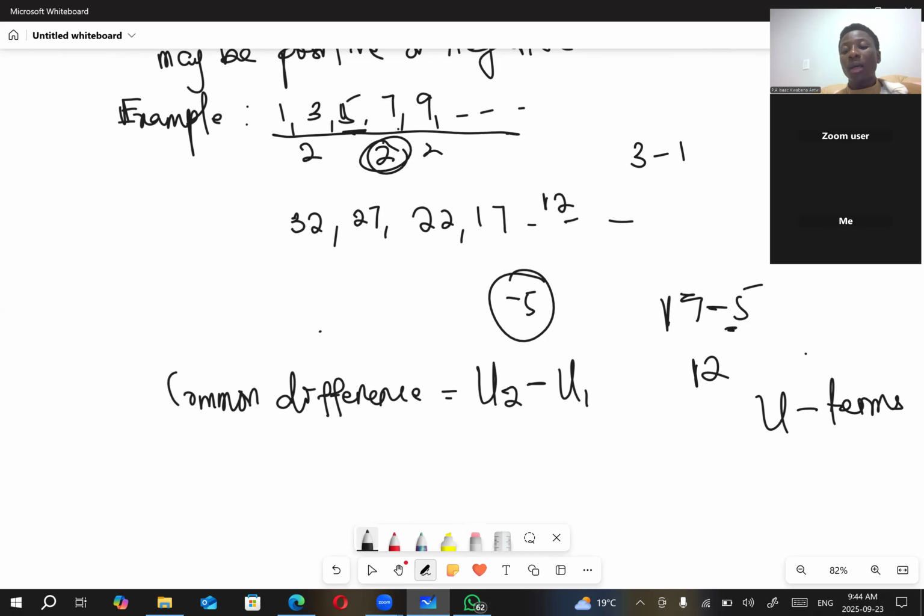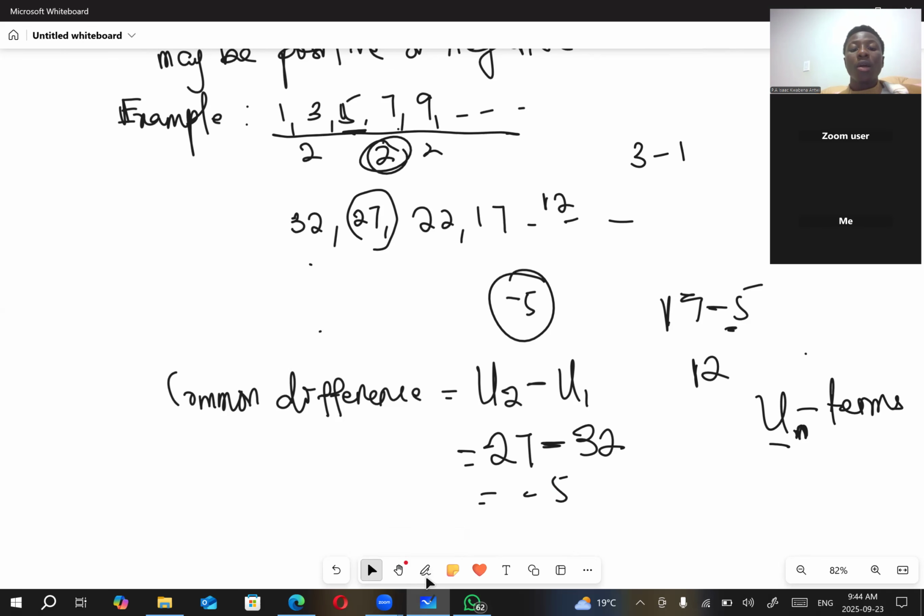If I bring n here, I mean the nth term. So if you see 1, it means the first term. If you see 2, the second term, right? So to find the common difference, it's all about taking the second term, which is 27, then minus the first term, which is 32. Then you've gotten the common difference, which is -5.